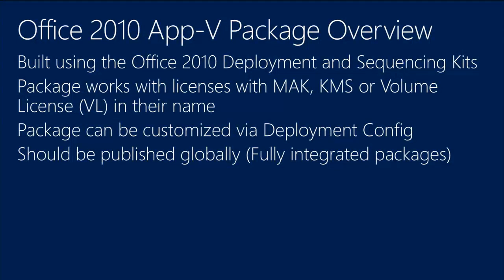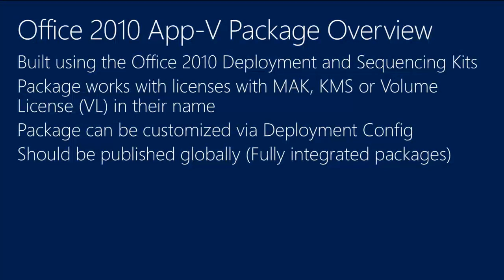There's a deployment kit, and this is pretty much the same deployment kit that, if you sequenced Office 2010 before with App-V 4.6, you're probably familiar with. It provides the licensing service for Office, essentially. There's also a new tool that we've created just specifically for Office 2010 and creating packages. It's called the Sequencing Kit, and you can download that from the Microsoft Download Center.